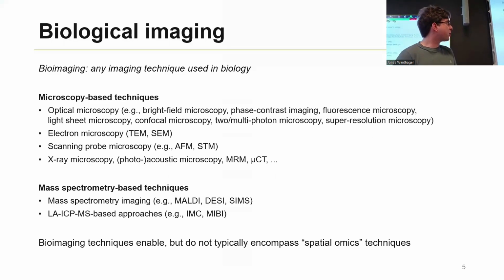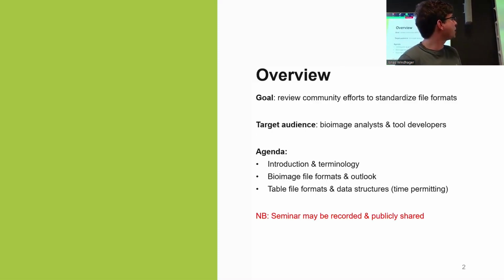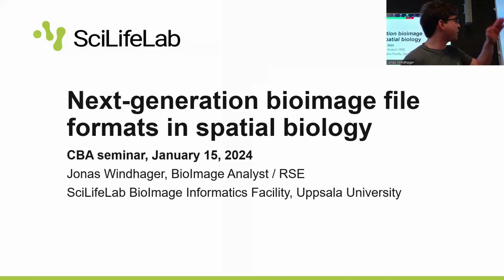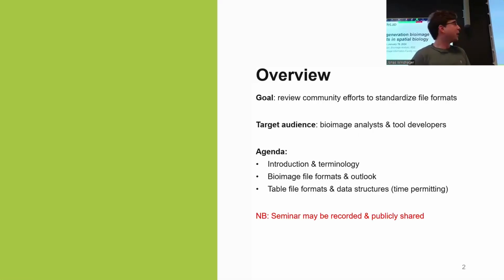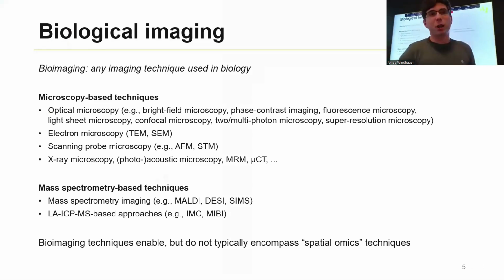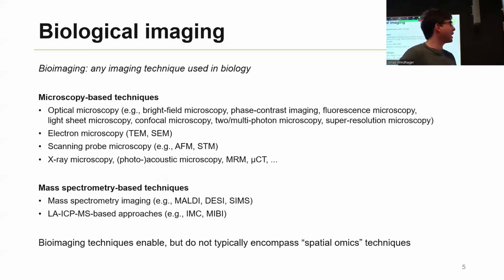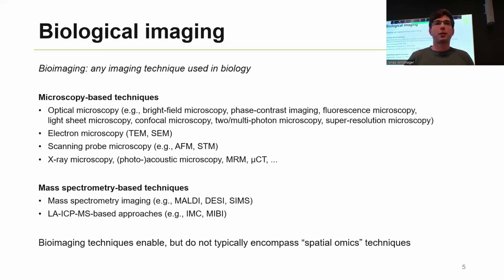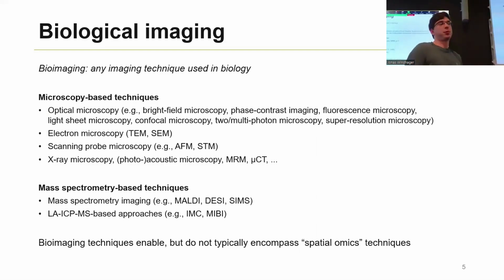A little introduction. If we go back to the title, it is Next Generation Bioimage File Formats in Spatial Biology. Bioimaging, or biological imaging, is clearly any imaging technique used in biology. What many people don't realize is that there are a lot of different techniques.